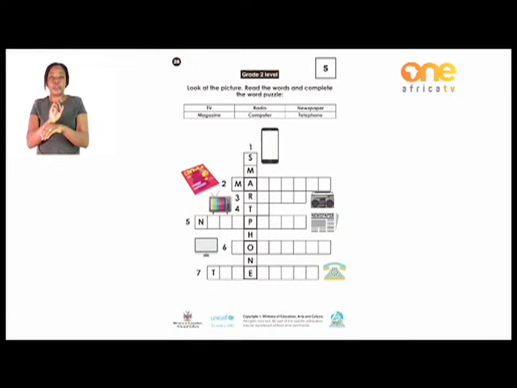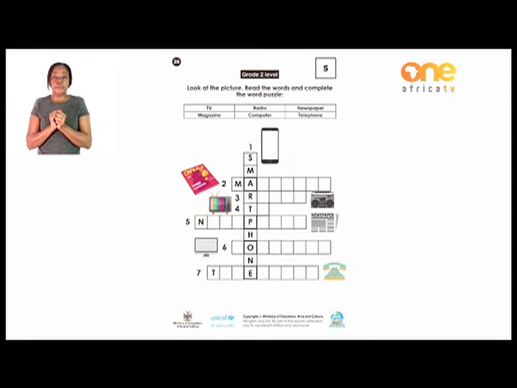All right. Now you have to find how to put that word in each block here in order for you to read the word correctly. And the clue will be given to you by a picture. Once you check the picture and you check down there under how many letters each of these communication tools has, it will also help you.